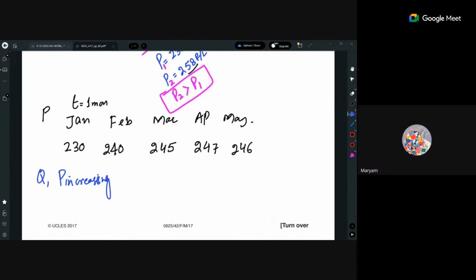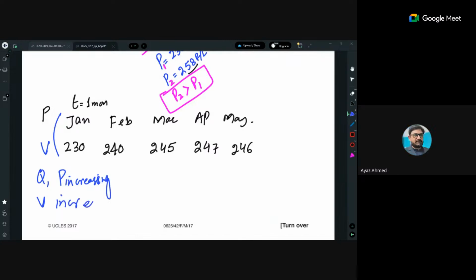Increasing. So if a body, now let's replace this P with V, has velocity of 230, 240, 245, 247, 246, does the velocity increase or decrease?